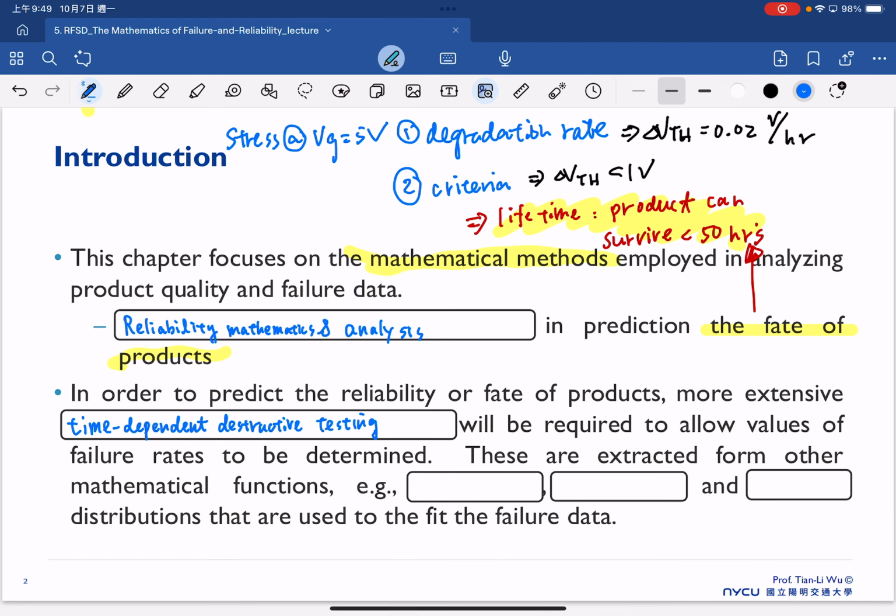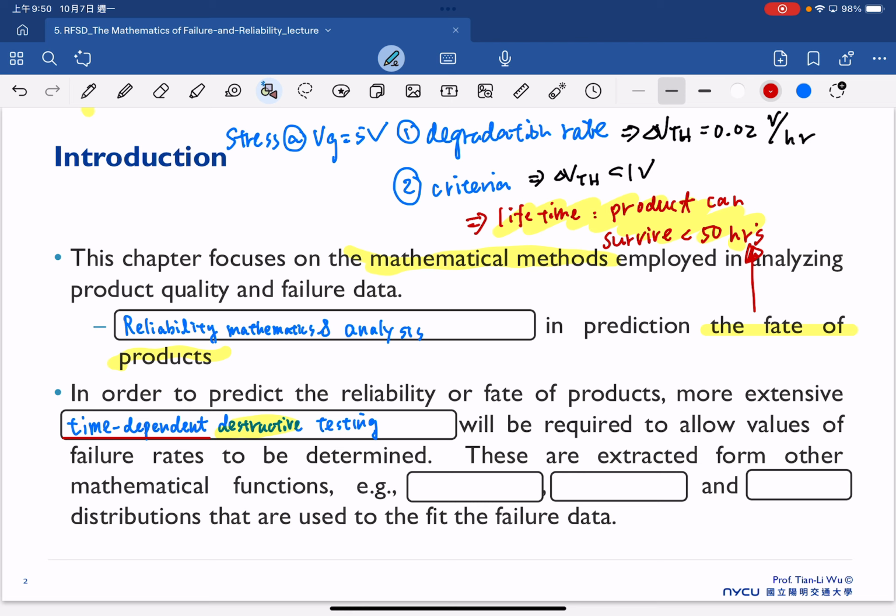The destructive means this is testing where we will try to test until this device is completely broken. The device will reach the condition of complete failure. So that's considered as destructive. And also, on the other hand, it's important because we need to analyze the failure rate. So for sure, when we do the testing, we always have to take into account the time-dependent characteristic. Otherwise, we won't know about the time factor inside.